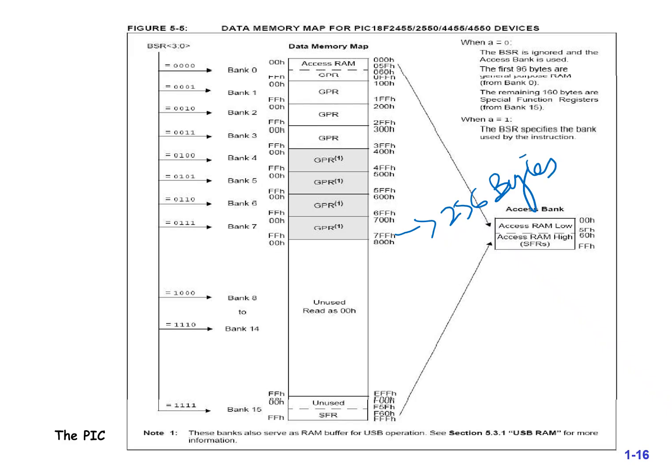Moreover, we can see that the special function register bank is further divided into two parts, and half of it is unused and the rest of the 128 bytes are assigned to the special function registers. And also we can see that the first bank, that is bank 0, is also divided in half, this is also 128 bytes.